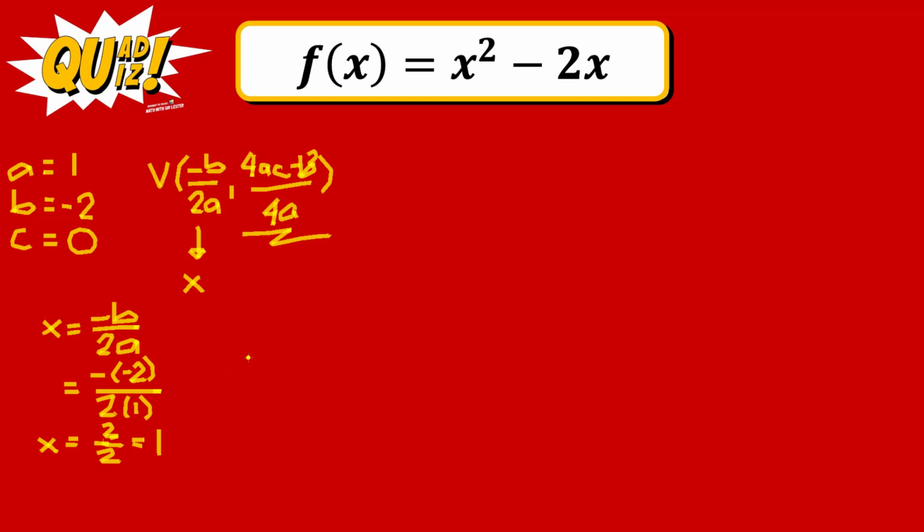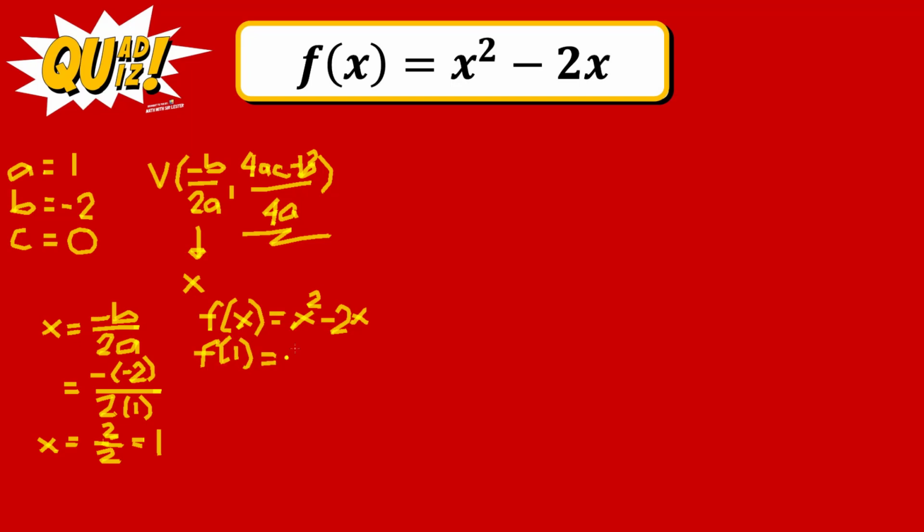In our attempt later, we will see that this is the x-coordinate where our graph changes its direction. To solve for f of x or y, again, you can use the 4ac minus b squared all over 4a, but you can just simply plug in the value of your x in this function here. So you will have f of 1.